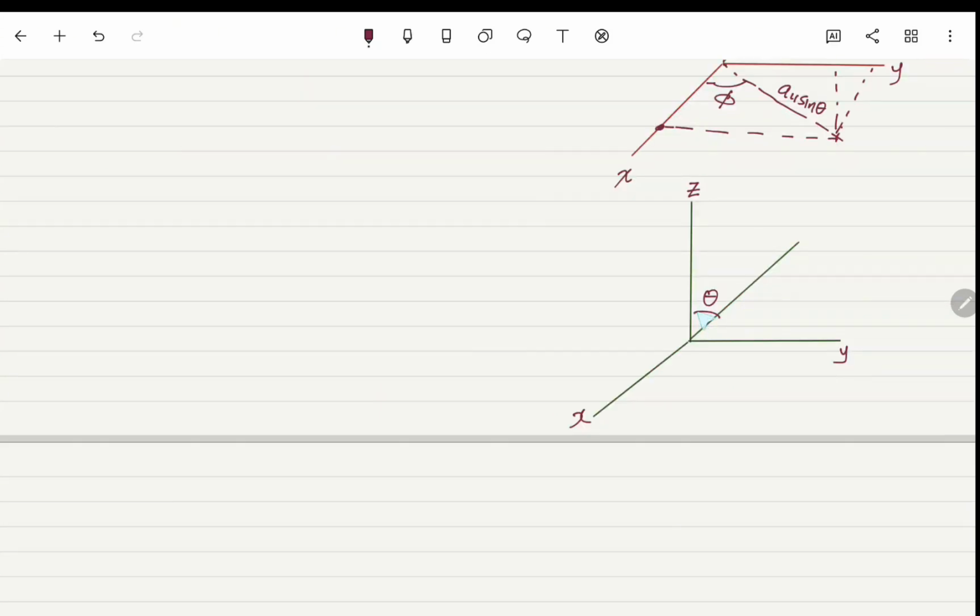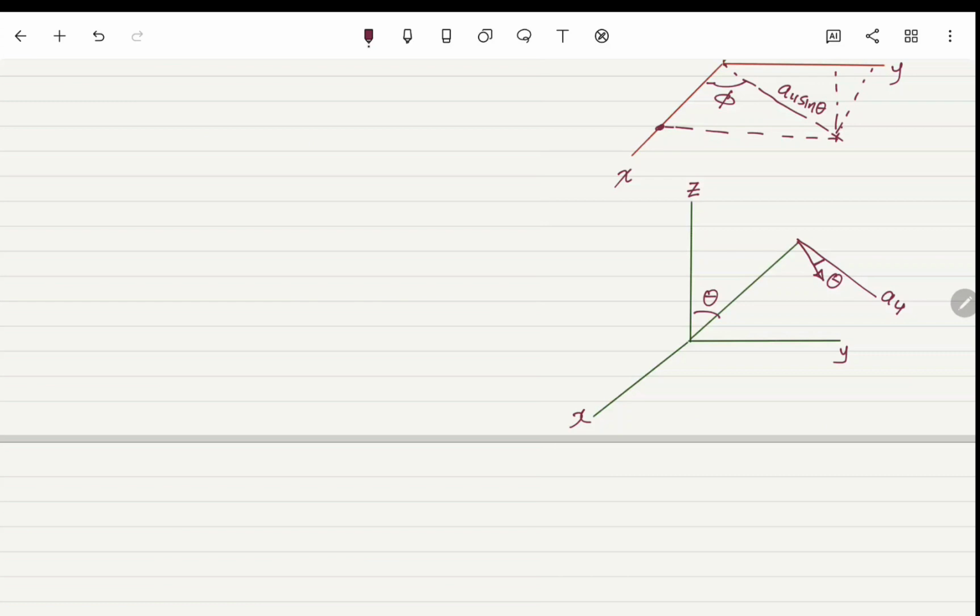Now, this is actually angle theta, and theta hat, remember, when you draw a sphere, you will drag theta hat in this way. Now, if this is a4, let's name it a4 here. If this is theta, this will be theta as well.